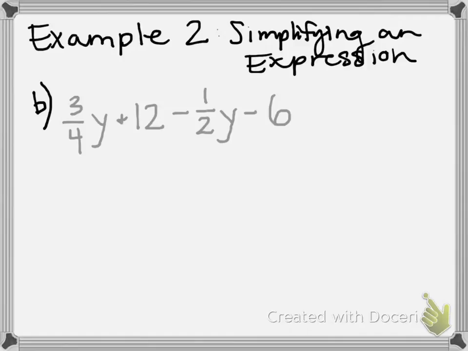Okay, now the first step, same step, even though there's a couple more complicated numbers, coefficients in front of the variables, the same step must take place to rewrite as, not the difference, but a sum. Rewrite as sum.